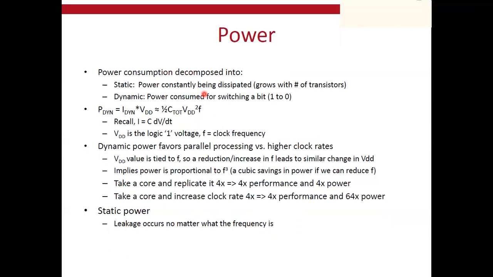Another important point is if we keep the same circuits, the same total capacitance, but due to the technology, we scale down the technology, I mean we speed up the clock frequency, even this will result in a higher dynamic power, with a direct relation with the frequency.